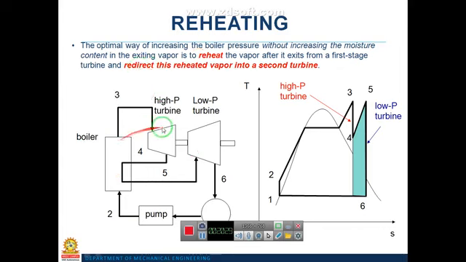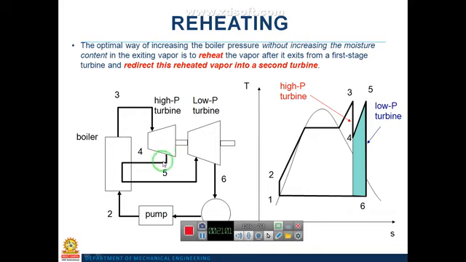In the general Rankine cycle, the components are the condenser, pump, boiler, and turbine. But in the reheat cycle, we are reheating the steam from the turbine.